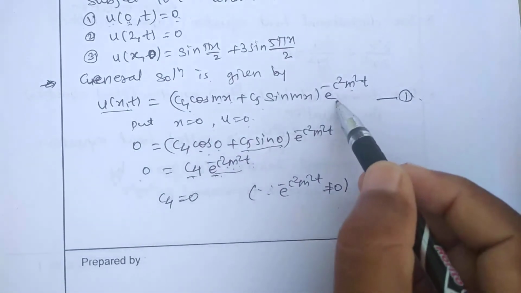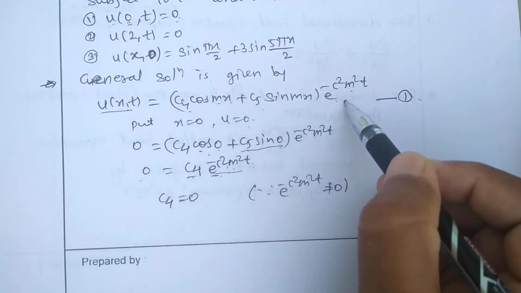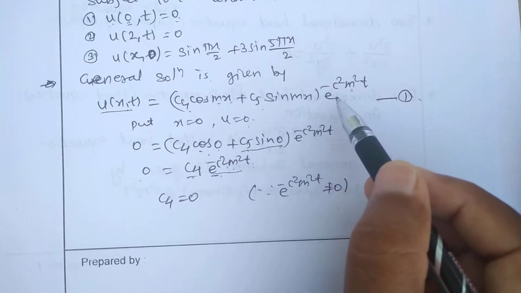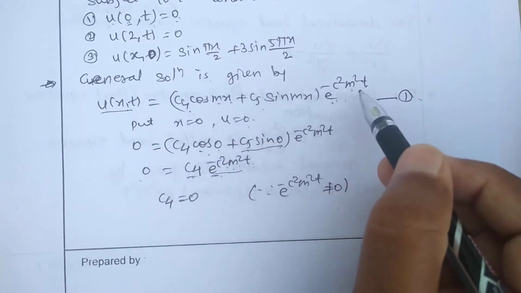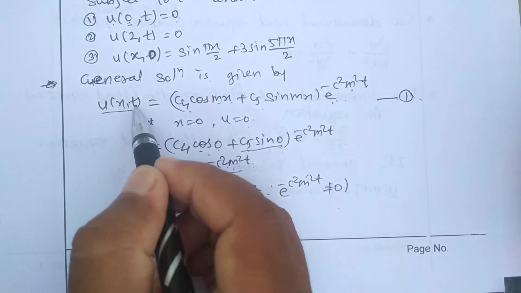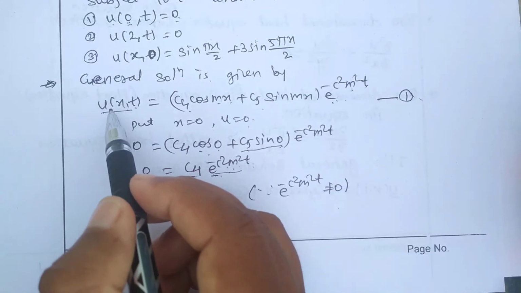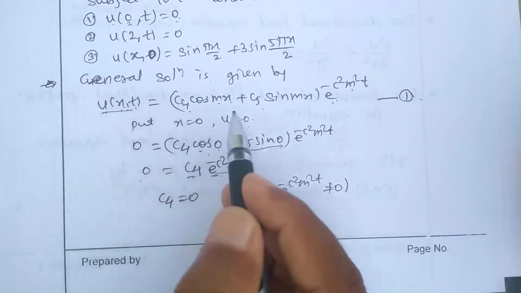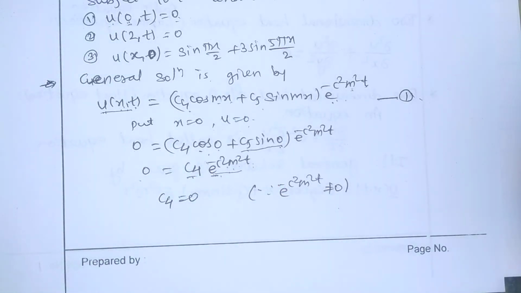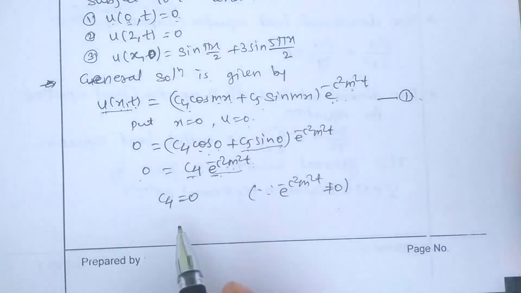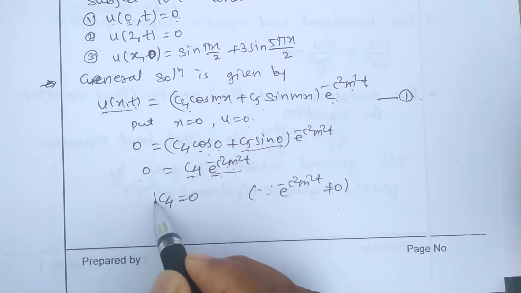If you look at equation number 1, this term is present here, and if you take e^(-c²m²t) equal to 0, then 0 multiplied by the bracket makes the whole term 0. You will get u(x,t) equal to 0, that means the temperature at any time and any distance is 0. We require a non-zero solution here, non-zero temperature. That's why we are not taking e^(-c²m²t) as 0. So you will get c4 equals 0.